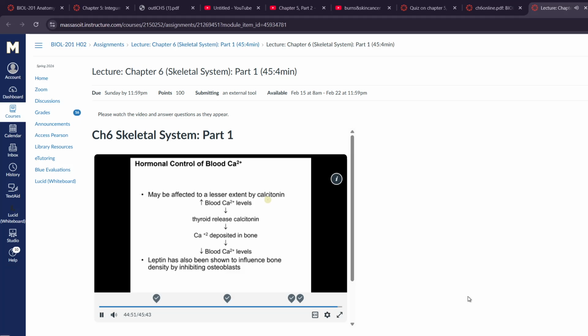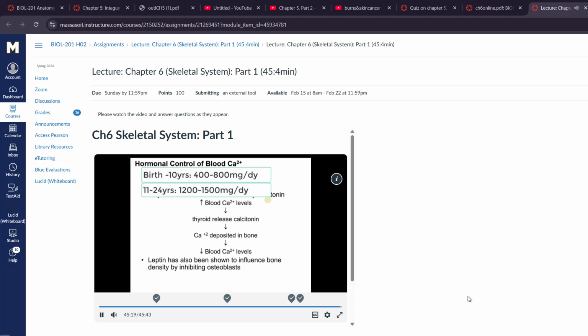How much calcium do we need to take in every day? Well, right now, from birth to 10 years, it is recommended that people take about 400 to 800 milligrams of calcium per day. And this is recommended by the National Osteoporosis Foundation. From the ages of 11 to 24, it jumps to 1,200 to 1,500 milligrams per day because people are growing and you need a lot of calcium.